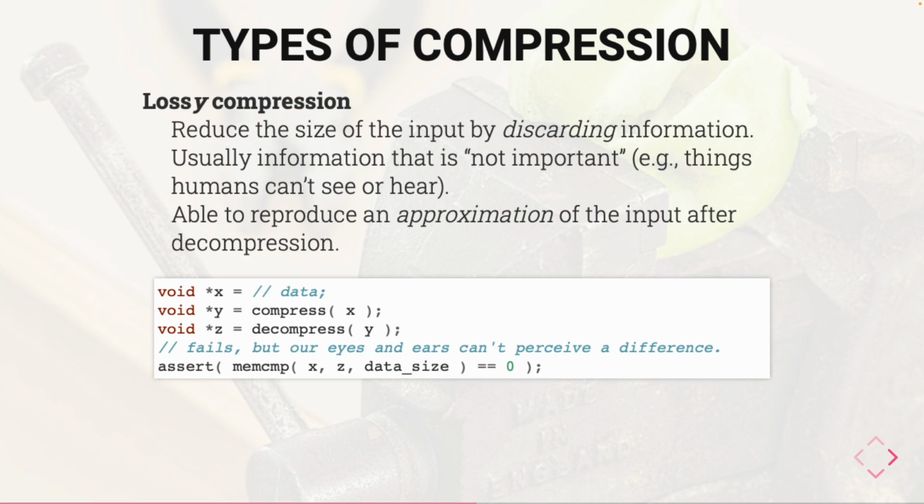So if we run the same code as last time, take some data, compress it, and then decompress it, this assertion would fail because the original and the thing that we compressed and decompressed are now different.